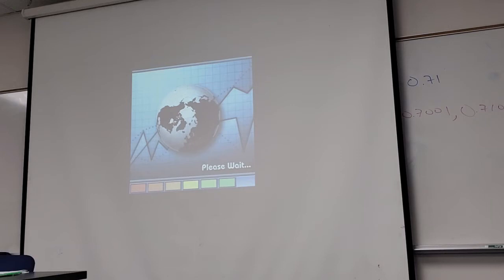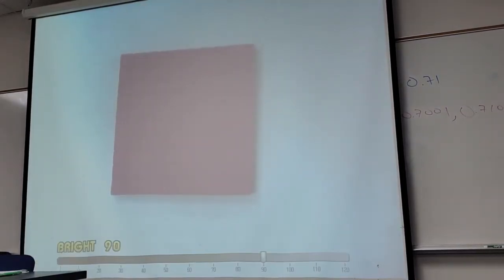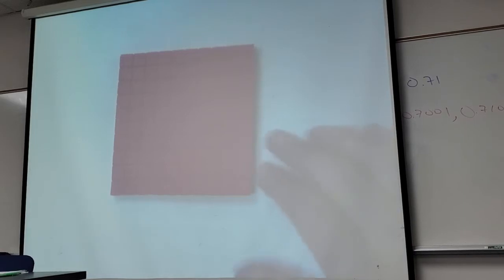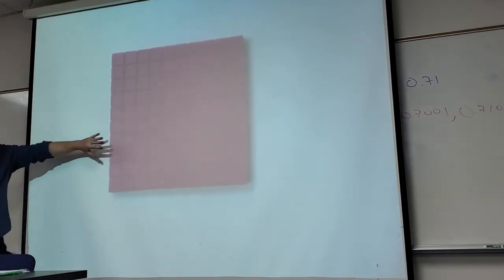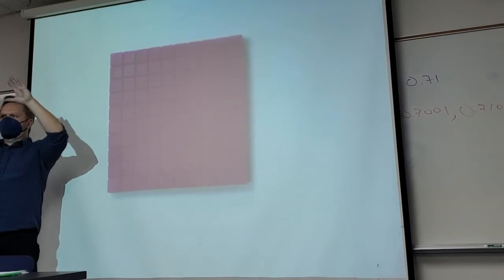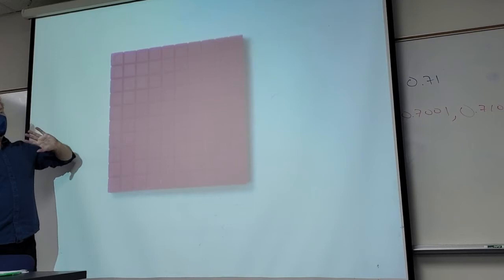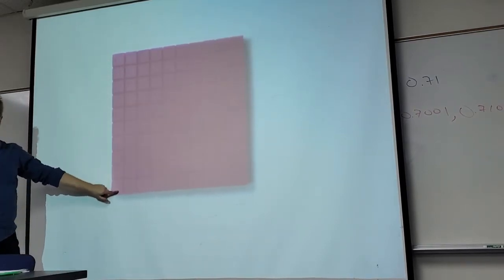So the student is used to this representing 100, but now we can say this represents 1, just like the hexagon piece that we called 1 and then broke down into trapezoids.